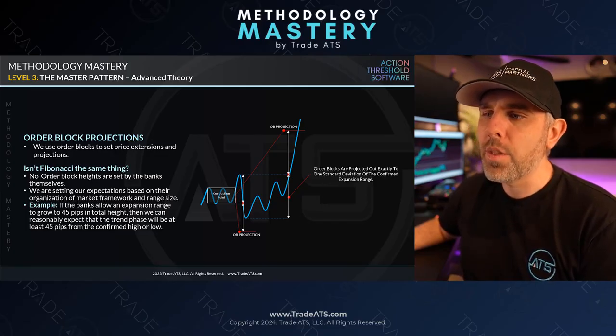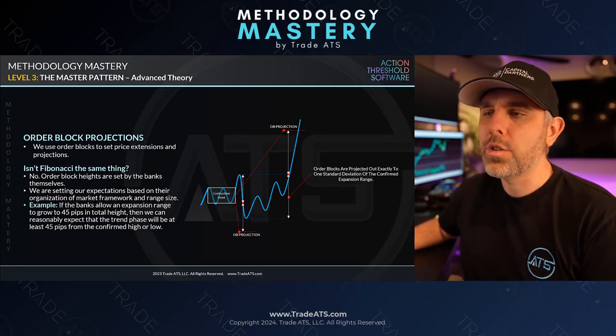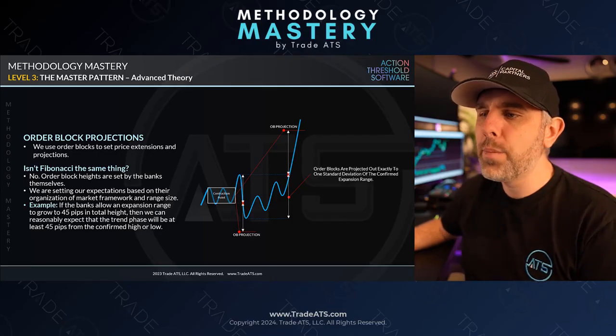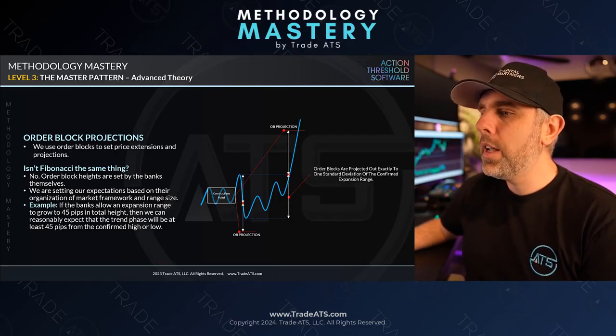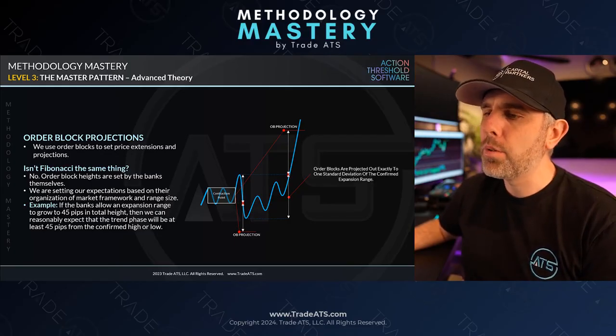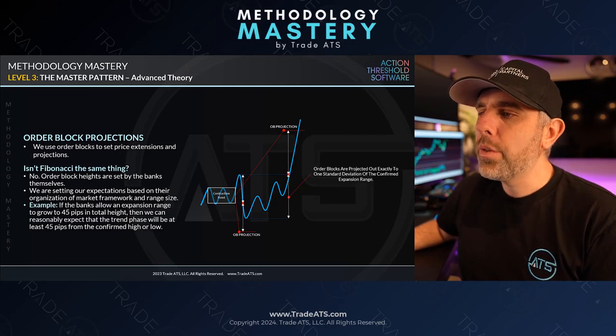So an example is if the banks allow an expansion range to grow to 45 pips in total height, then we can reasonably expect that the trend phase will be at least 45 pips from the confirmed high or low. So in our example, you can see we have the typical contraction, multi-leg expansion. As we go through, you can see that we have the swing low and the swing high point on the last part here.